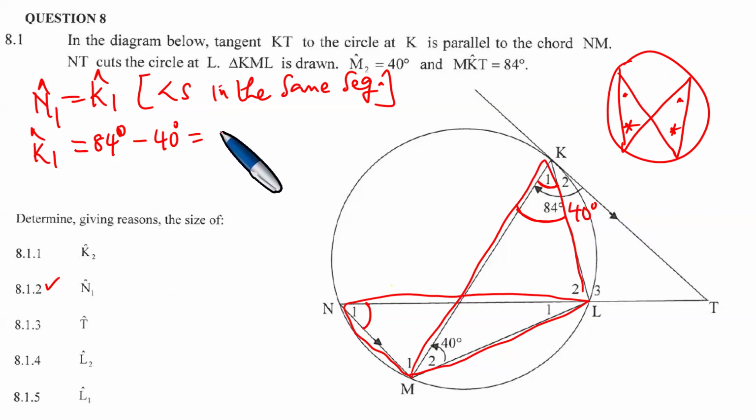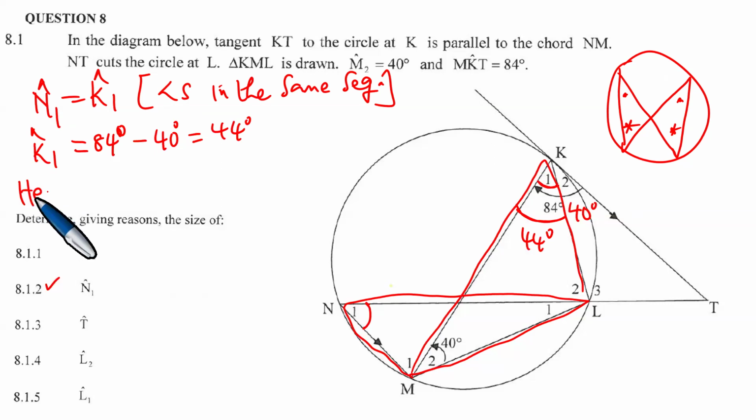What is 84 minus 40? It is 44 degrees. This gives us that this angle is 44 degrees, so that 44 degrees plus 40 degrees is 84 degrees. Now we are in business because we found K1.